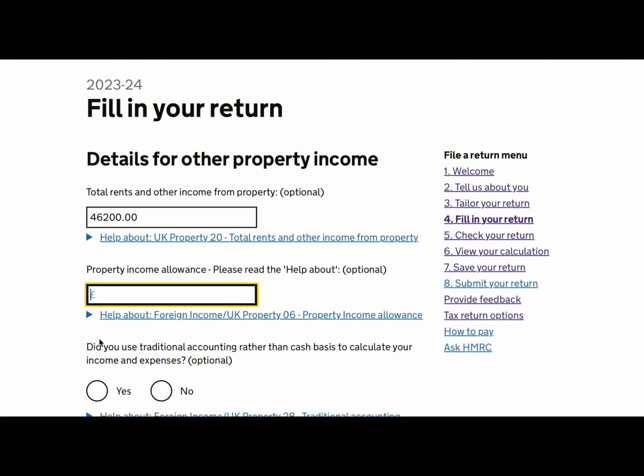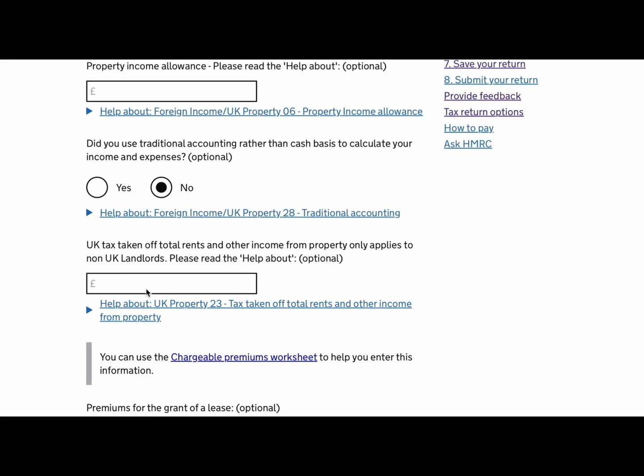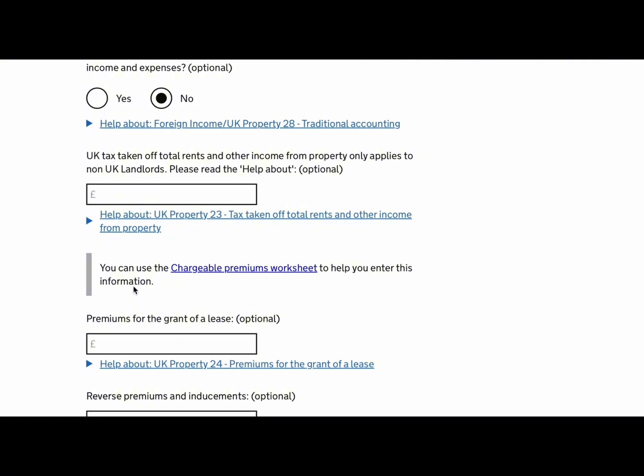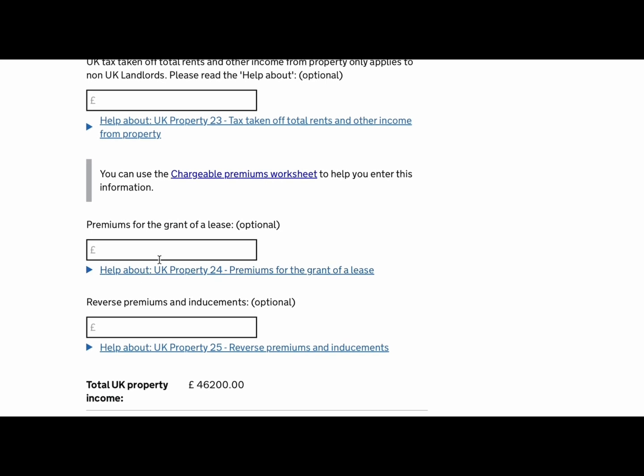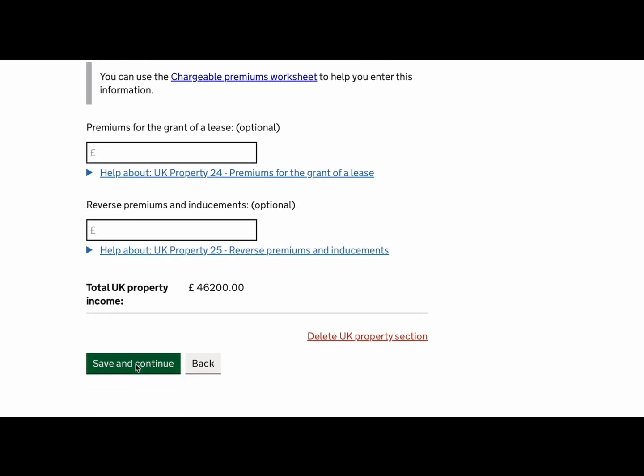We are not claiming property income allowance. We are using the cash basis as used in the furnished holiday let. There is no non-UK landlord's taxes taken off. And we are not claiming any premiums for the grant of a lease or reverse premiums and inducements for the year 23-24. So the total UK property income is £46,200.